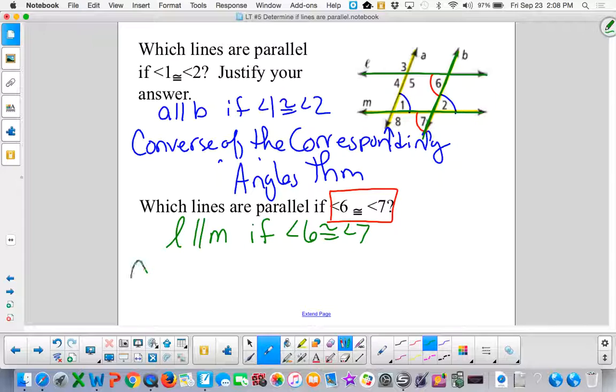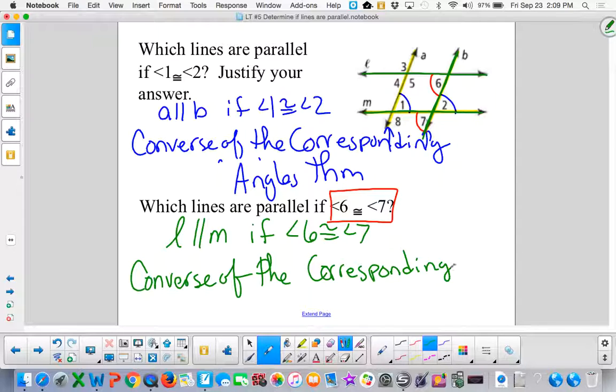And that is by the converse of the corresponding angles theorem, since 6 and 7 are corresponding angles.